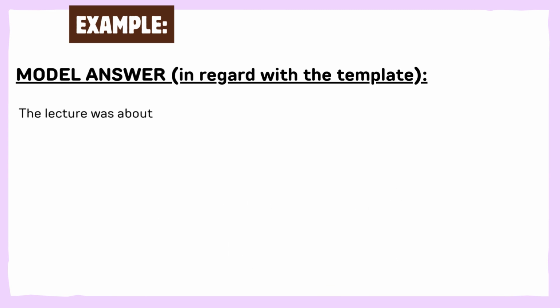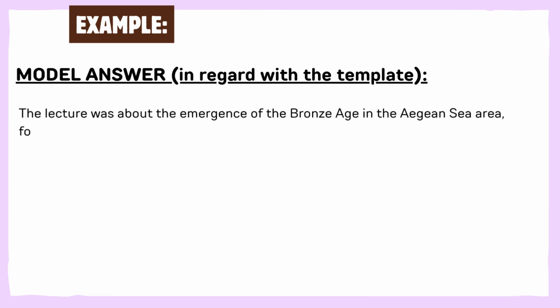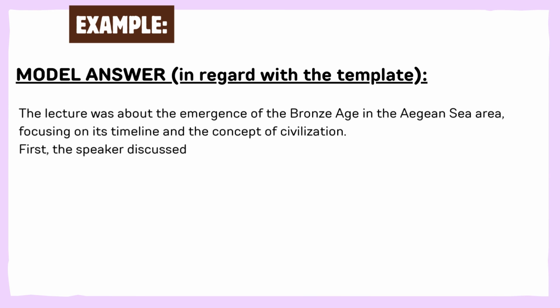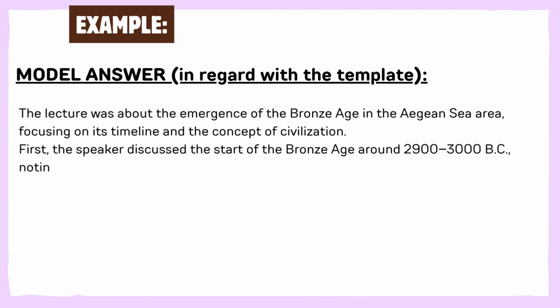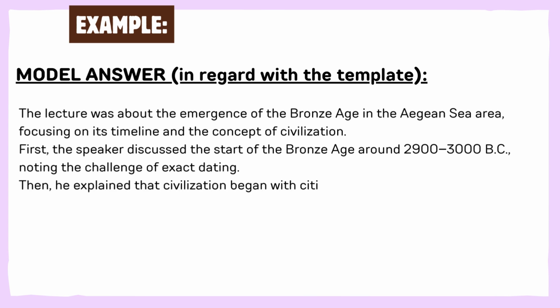Now, if we retell the lecture in our own words with respect to the template we discussed before, our model answer will look like: The lecture was about the emergence of the Bronze Age in the Aegean Sea area, focusing on its timeline and the concept of civilization. First, the speaker discussed the start of the Bronze Age around 2900–3000 BC, noting the challenge of exact dating.